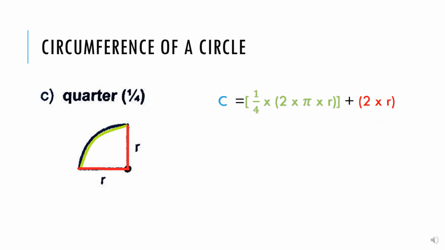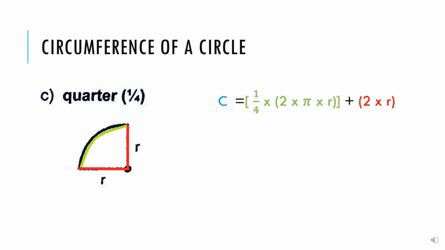If we take a look at the formula, you'll see the circumference equals a quarter times 2 times pi times the radius, plus 2 times the radius. So what is this saying? It says that we have to divide the circumference of a full circle by 4, and that's represented in the formula highlighted in green.